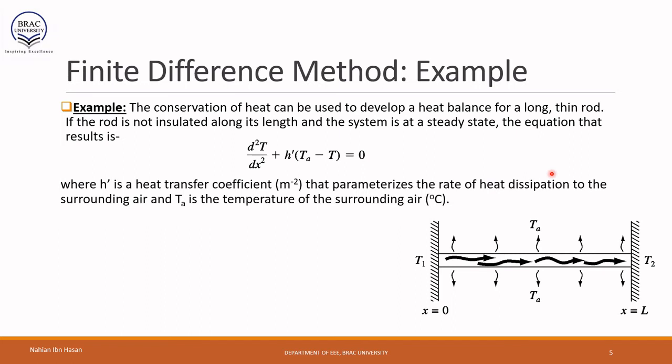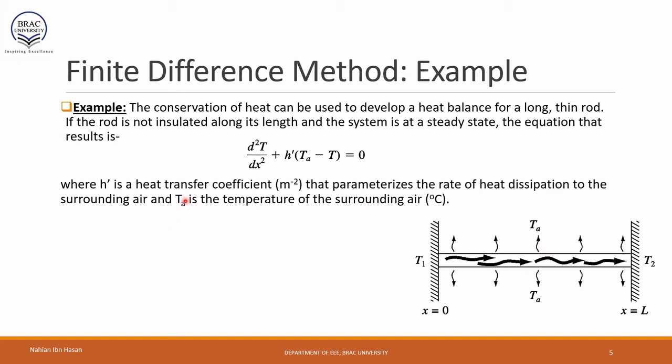The differential equation that is used to characterize the temperature flow along this rod is something like this. It's a second order differential equation. In this equation, H prime is denoted as the heat transfer coefficient, which has a unit of per meter square, and the term Ta is denoted as the dissipation of the temperature in the surrounding environment.